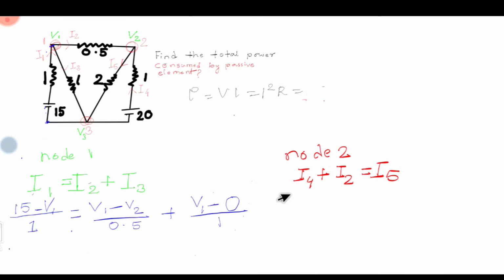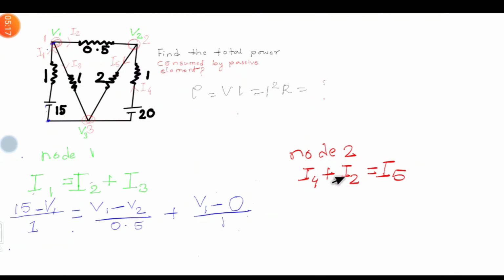Now I4 is 20 minus V2 divided by the resistance, plus I2, which is V1 minus V2 divided by 0.5, equals I5.